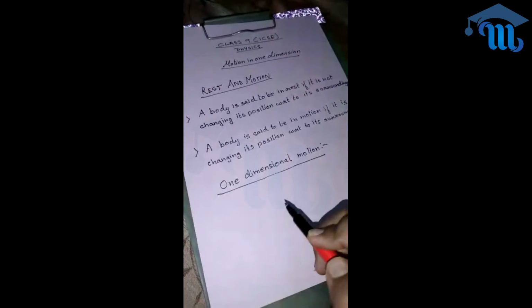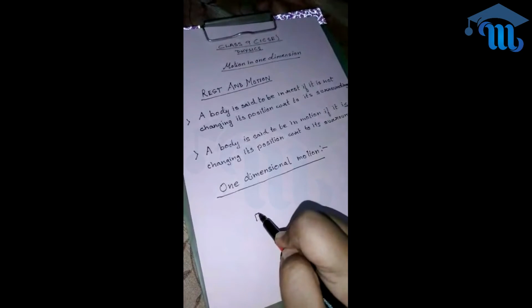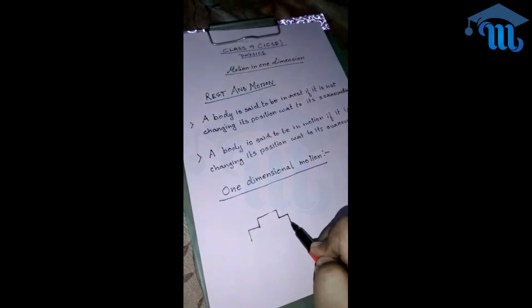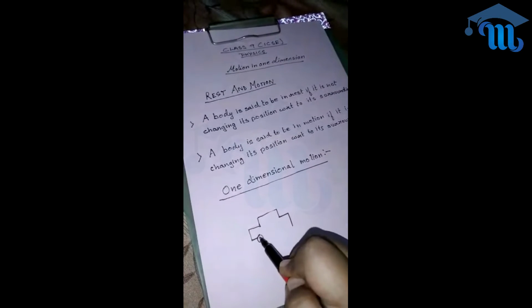So what is a one-dimensional motion? Suppose this is a car.